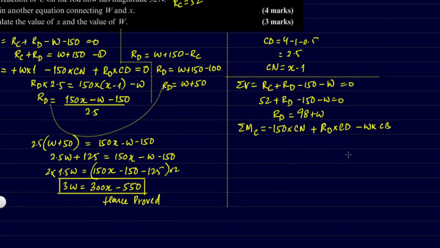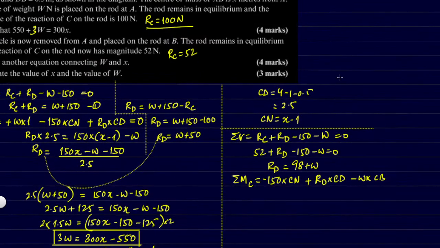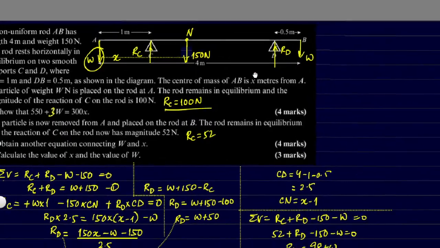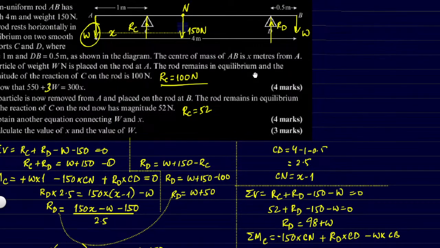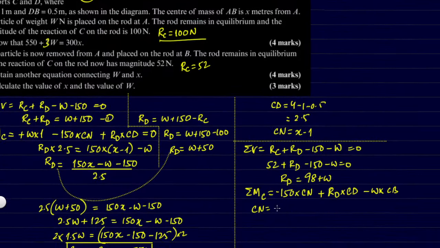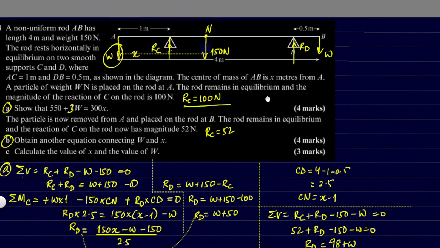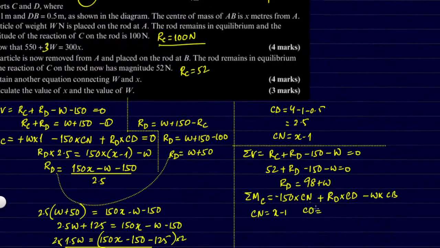Now Cn is how much? Let's find here. C to N is x minus 1. Then CD, C to D is 4 minus 1.5, that is 2.5.